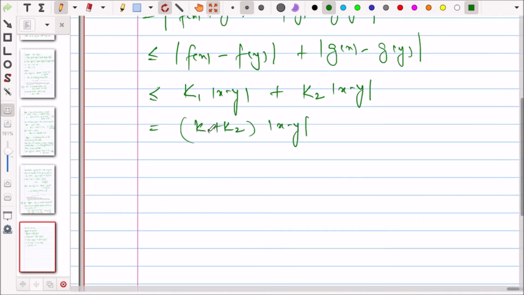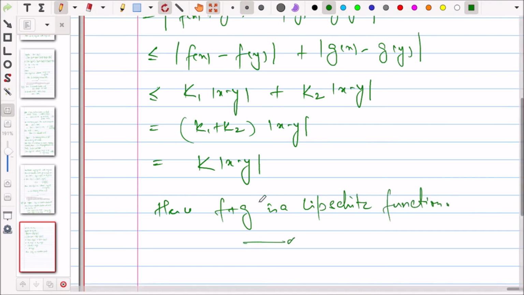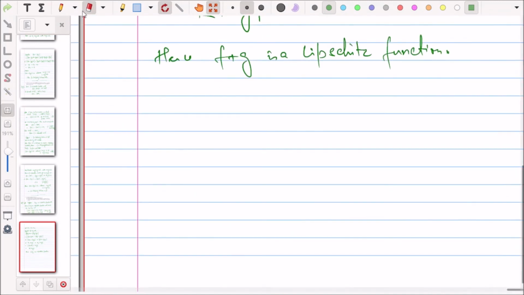So this is a much better Lipschitz constant. 2k was also a Lipschitz constant, where k was the maximum of k1 and k2. This is also a Lipschitz constant, which is equal to k times |x minus y|. Hence f plus g is a Lipschitz function.